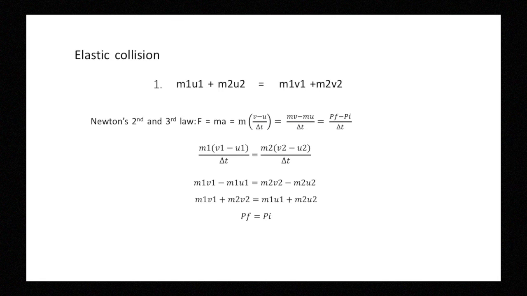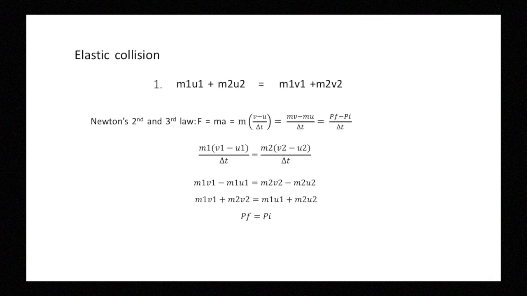From this equation, we get that the final momentum minus the initial momentum divided by delta t is the same as ma. Then, applying this to the equation we got from the collision, we have m1 times v1 minus u1 divided by delta t equals m2 multiplied by v2 minus u2 divided by delta t. Finally, after a process, we can get that the final momentum is equal to the initial momentum.